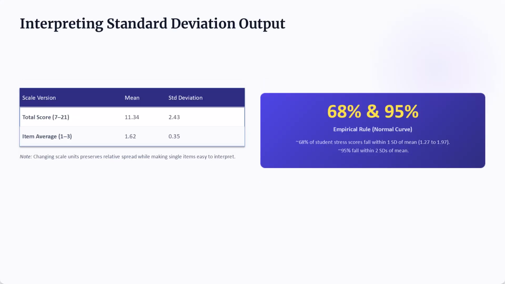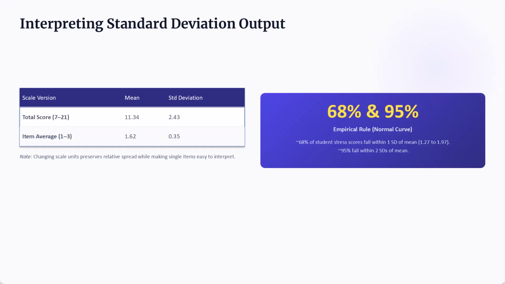Let's examine how statistical software output presents standard deviation across different analytical platforms. For our student stress scale across 2,755 students, the total score mean is 11.34, with a standard deviation of 2.43. Rescaling to the original 1 to 3 response format yields a mean of 1.62 and a standard deviation of 0.35.